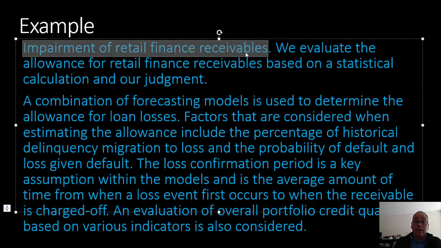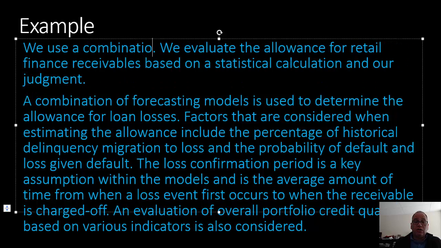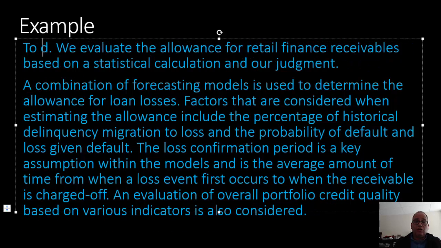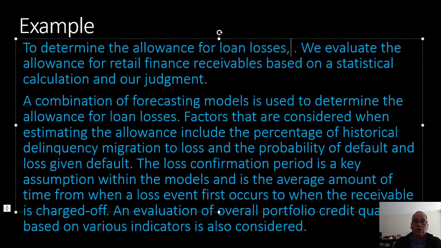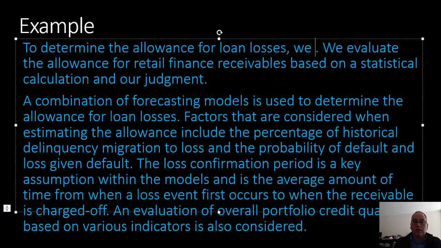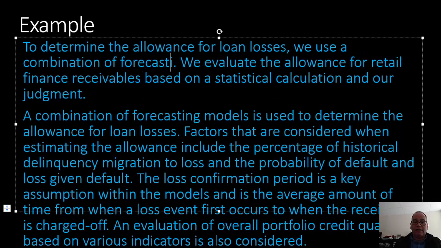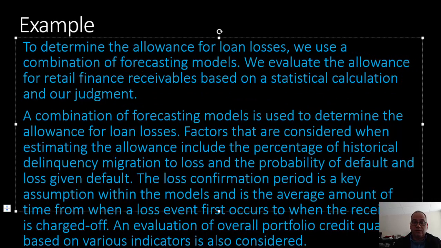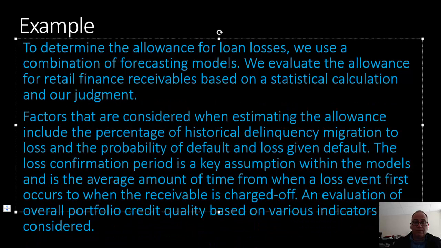So this is part of clarity. I'm going to write here, instead of saying a combination of forecasting models is used to determine the allowance for loan losses, I'm going to say, better yet, to determine the allowance for loan losses, we use a combination of forecasting models. So now the first sentence is a topic sentence.